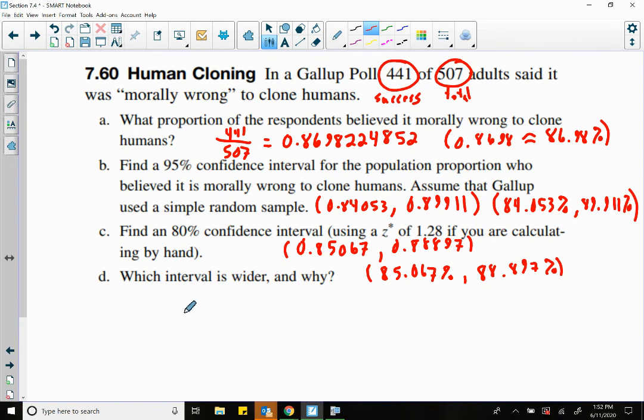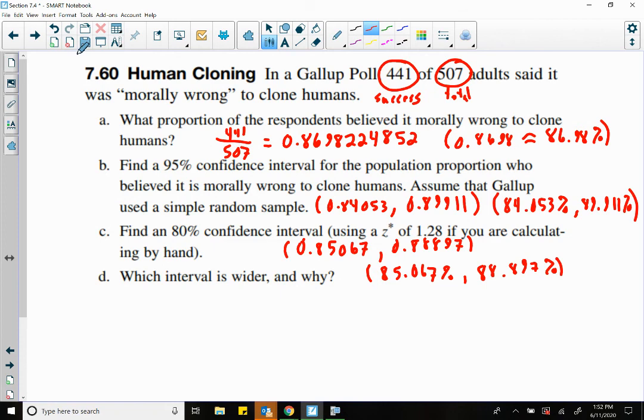The 90% confidence interval would be narrower than the 95%, but wider than the 80%. The larger the percentage, the wider the interval. Smaller percentage, smaller interval.